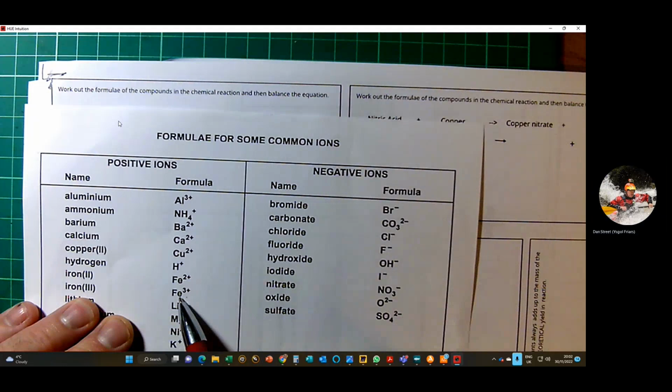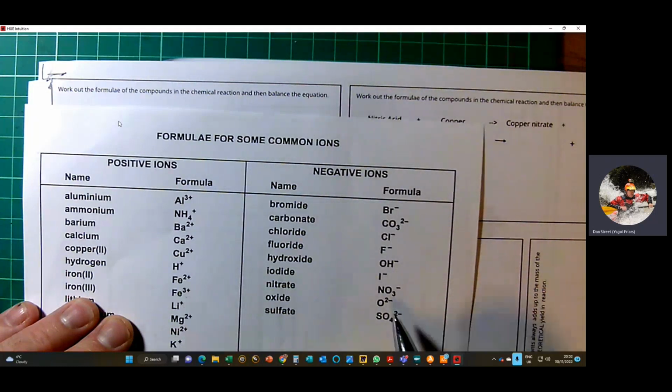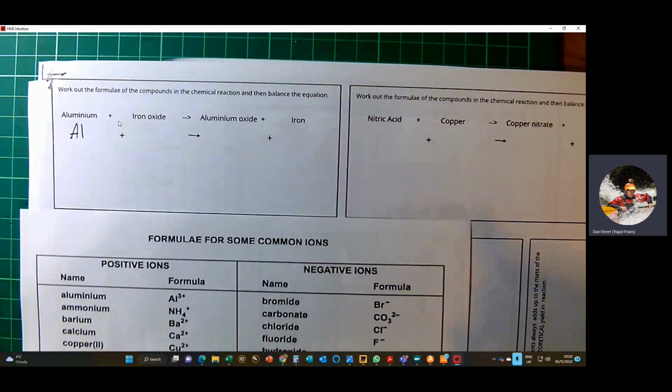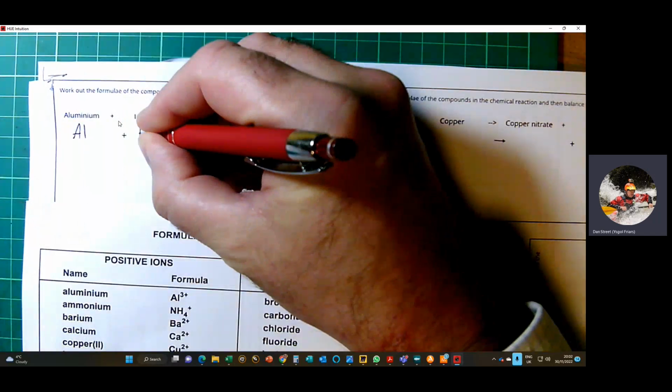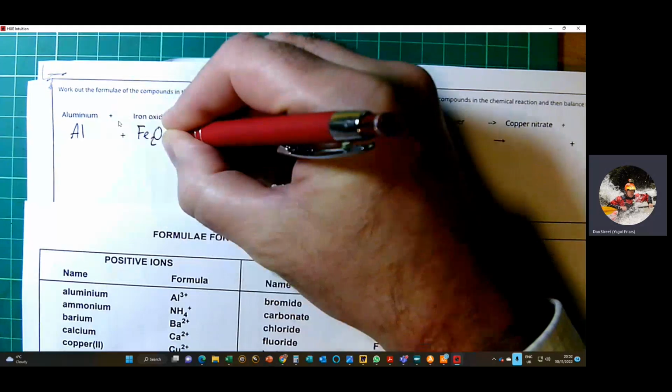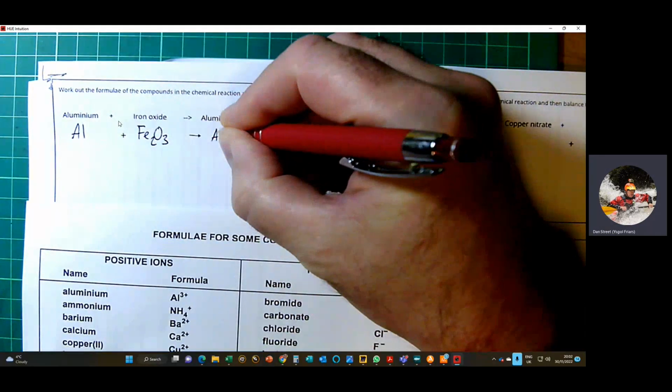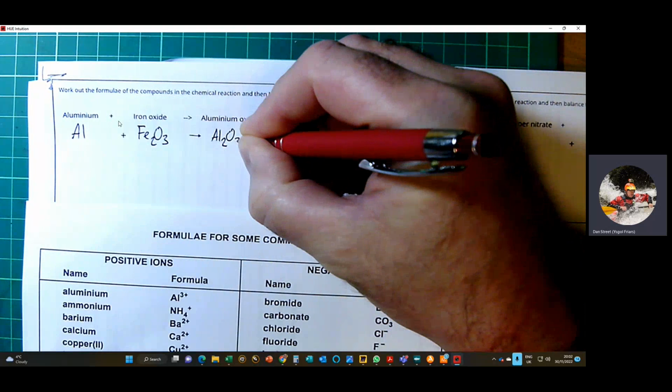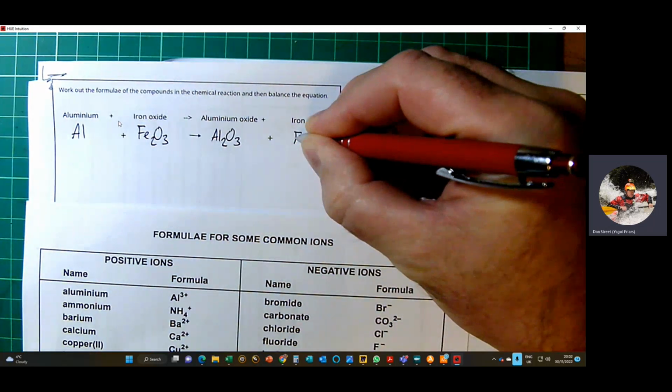So 2 times 3+ is 6+, and 3 times 2-, sorry, is 6-. So that would give us the formula Fe2O3. We've already seen that aluminium oxide is Al2O3, and the iron is Fe.